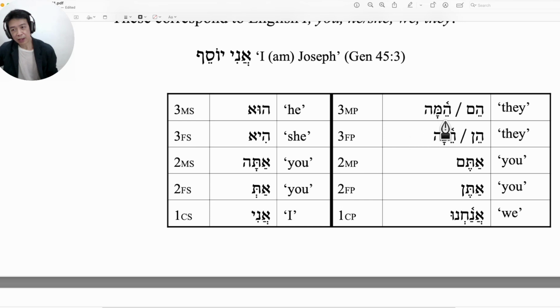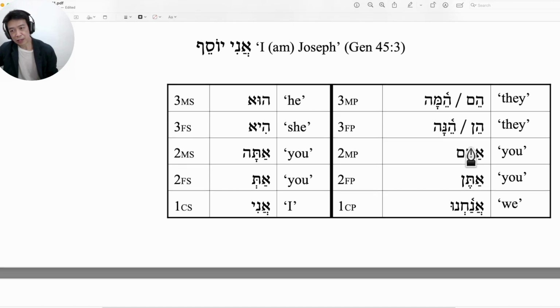For they, masculine, in Hebrew is hem. It can also be hema. For they, feminine, in Hebrew is hen. It can also be read as hena.